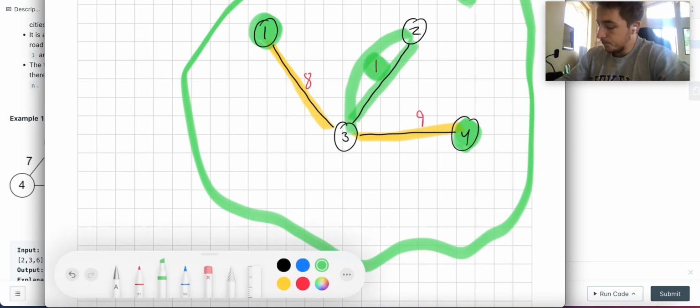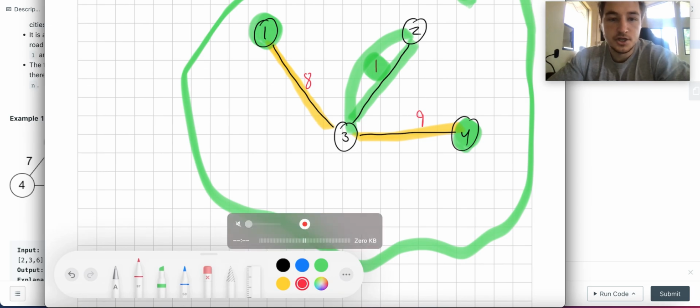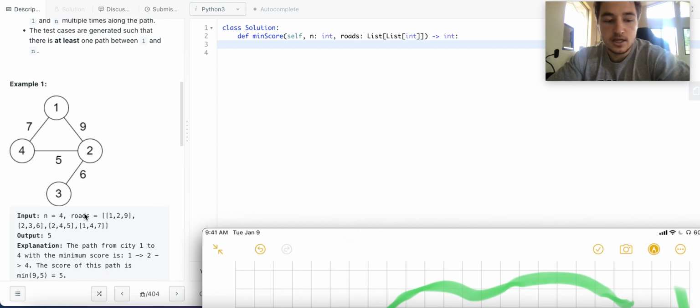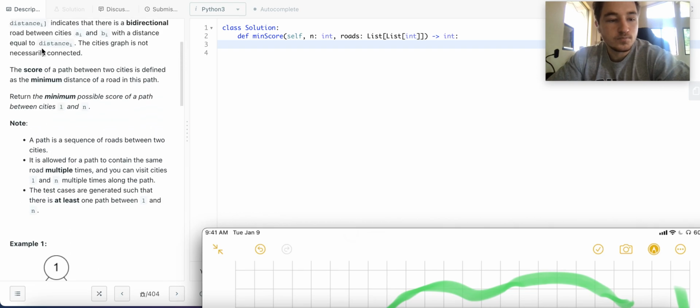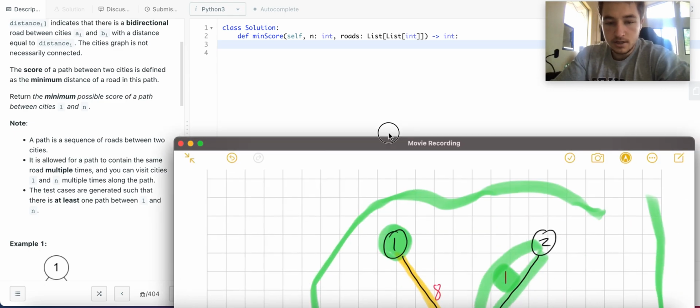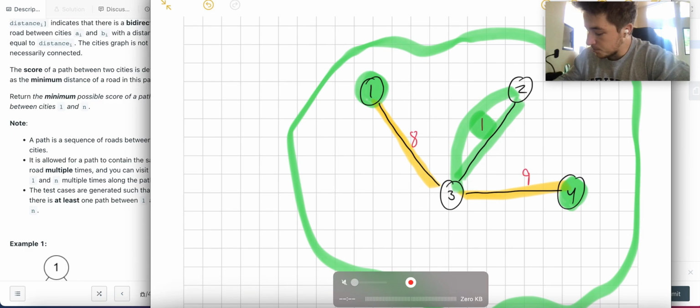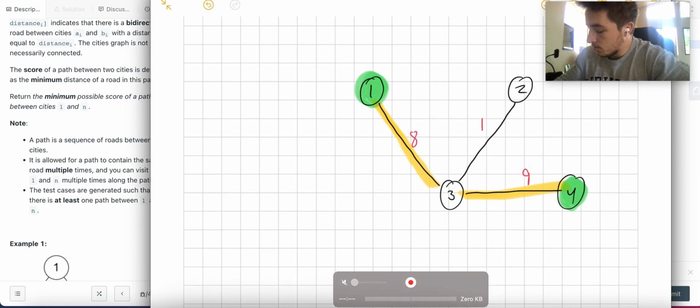Now, you may argue, well, since I can reach all roads and I know I can get to the destination, I might as well just look at the input system and find the lowest weight in that graph. But since the city's graph is not necessarily connected, it's possible, if we were looking at this example again, you'd be put in a scenario where you have an additional system here.